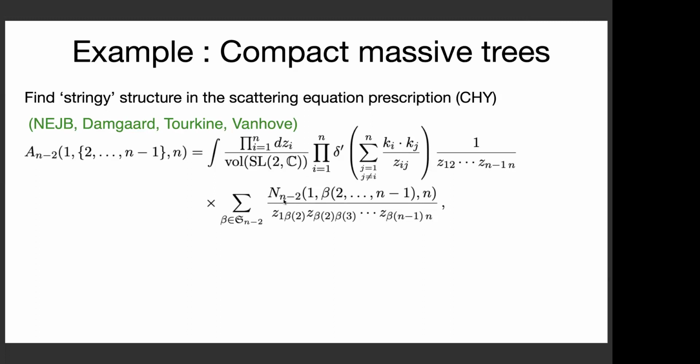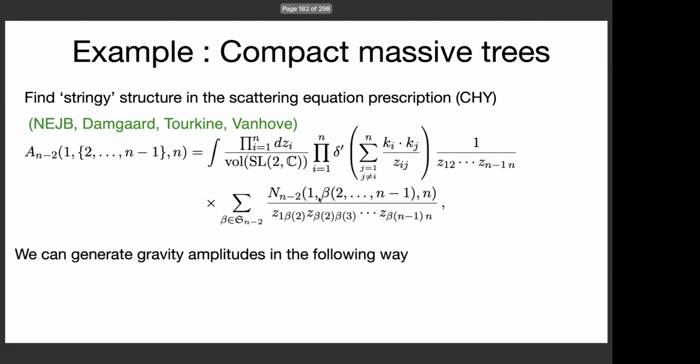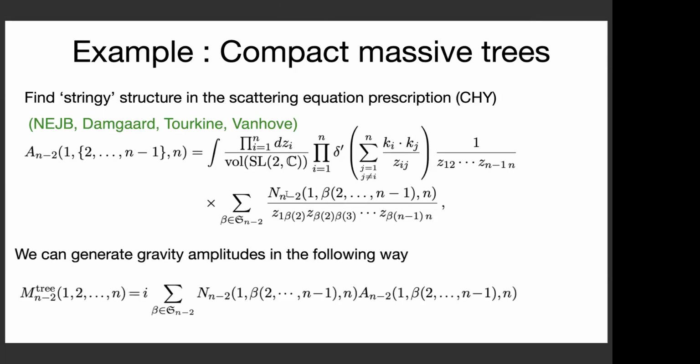But the clever thing is that in this formalism, 1 and n, the endpoints, are fixed, because the numerators are so-called numerators that have fixed the endpoints. So we don't have to consider poles where 1 mixes in with the beta set here. So all the beta variables in the set are all the massless degrees of freedom.